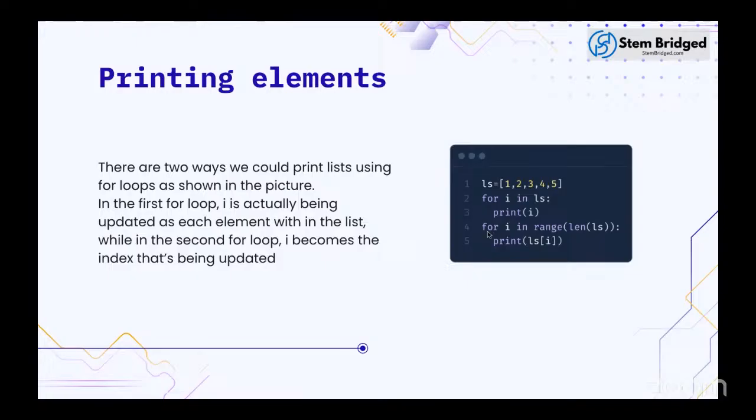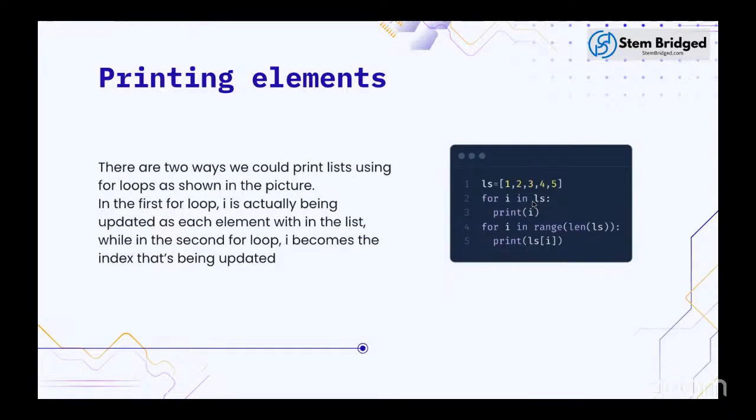The other way to do it is for i in range, the length of the list, and then you print all of the values in the list using get i. The advantage of the first one is that it's pretty easy to type. It's called a for each loop.